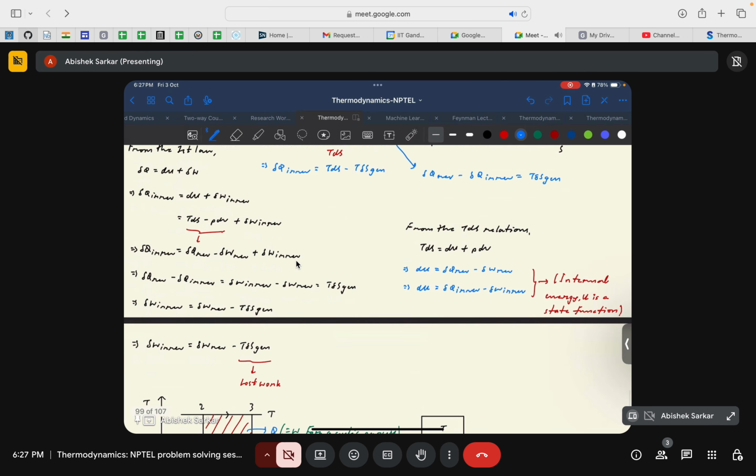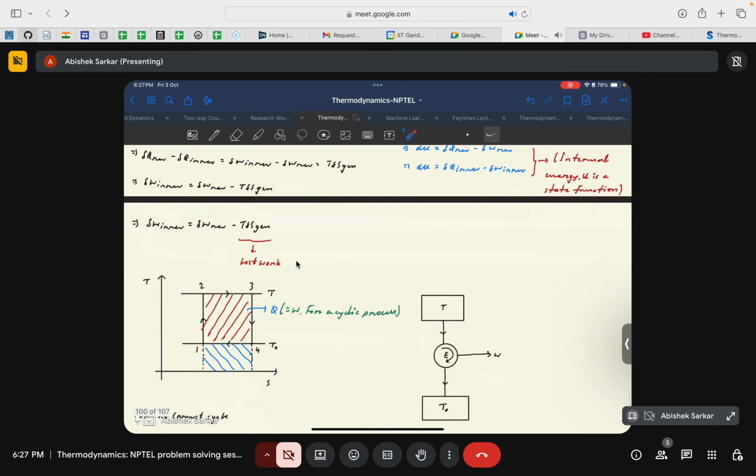Or if you just consider this part, we can write δW irreversible to be equal to δW reversible minus T dS gen, where T dS gen will represent the lost work.